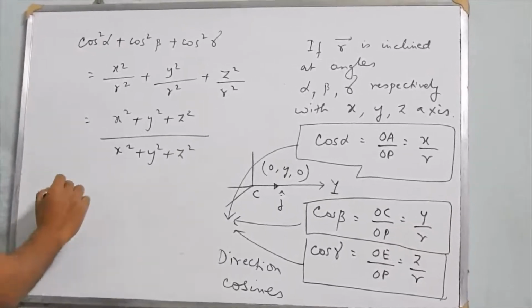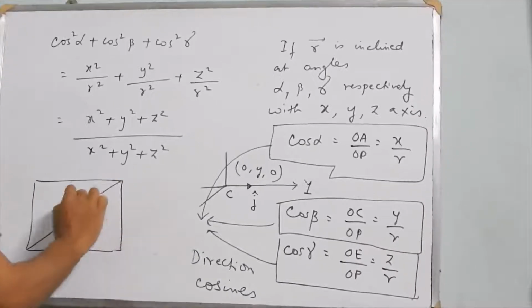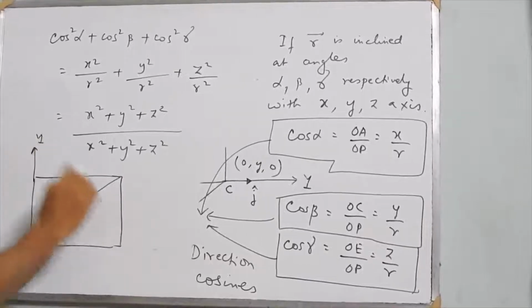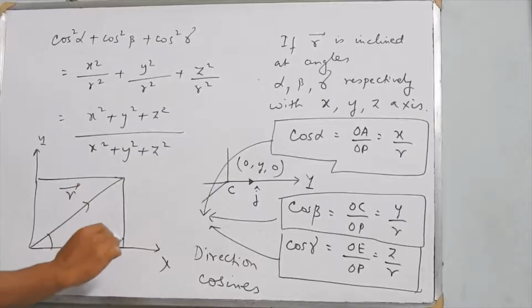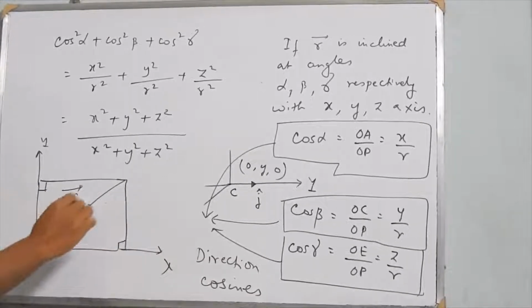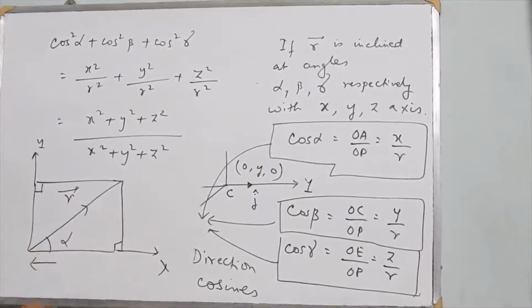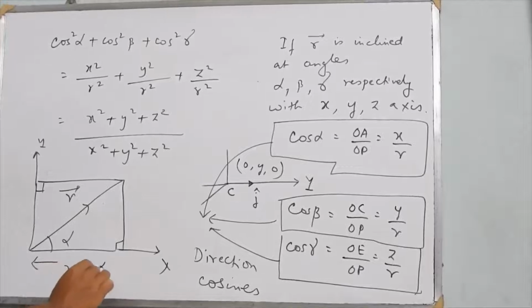So in 2 dimensions it is very easy to visualize. In 2 dimensions, if this is the r vector, and this is your y-axis and x-axis respectively, then obviously this is perpendicular. R cos alpha will be equal to this one, which is x, because x is r cos alpha, as I have already told.